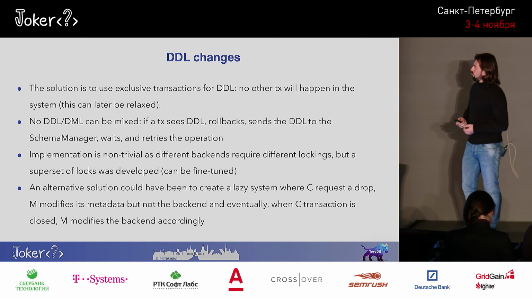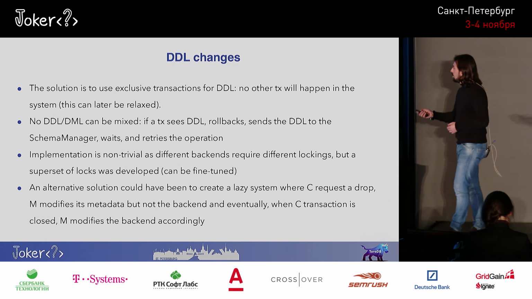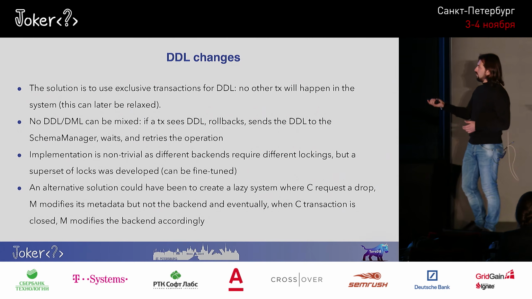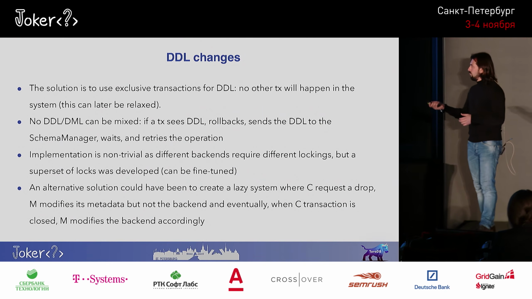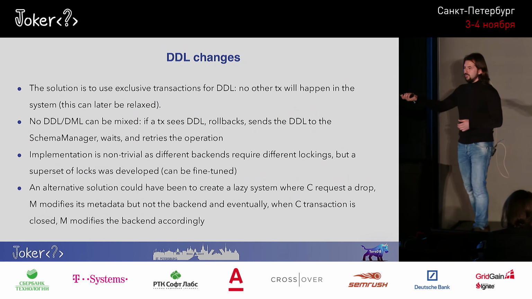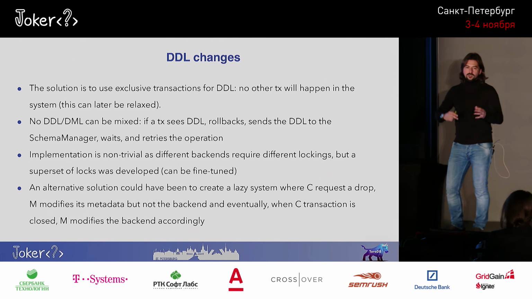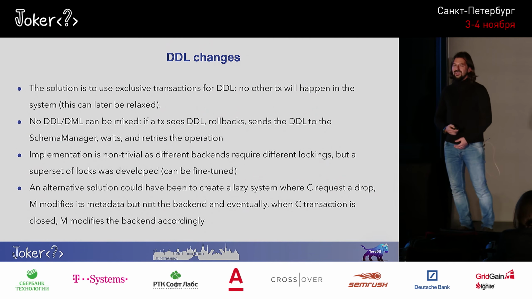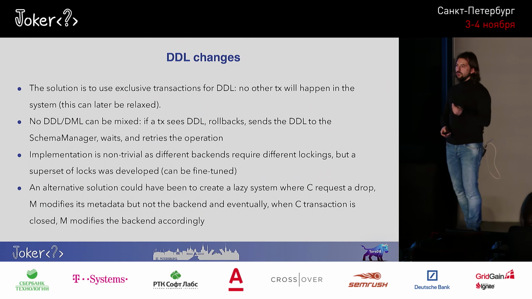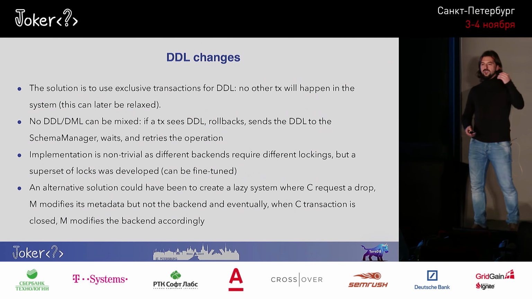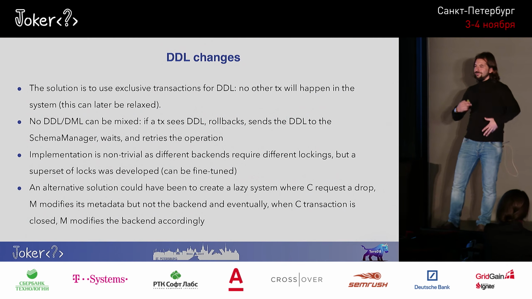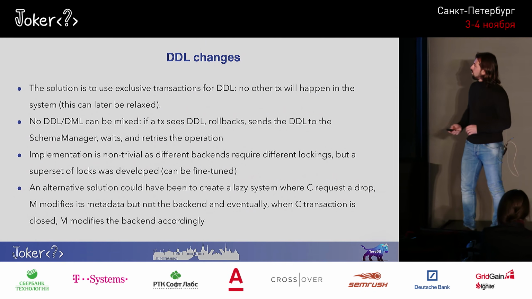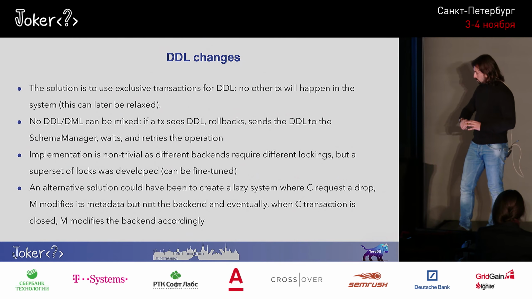Another solution we didn't pursue could be to create a lazy system, where a client could request something like drop something, and then there are modifications on the cache, the metadata, and then you can continue, and these drop operations are performed later. But it's very risky. There could be race conditions. When you drop something, someone recreates it, and it's non-trivial. So we prefer to go this route, and it seems to work quite well.